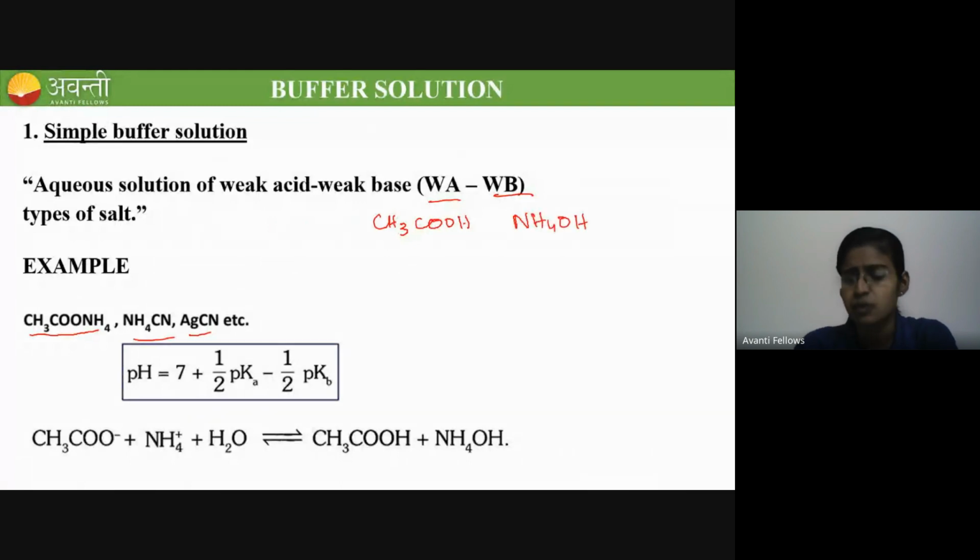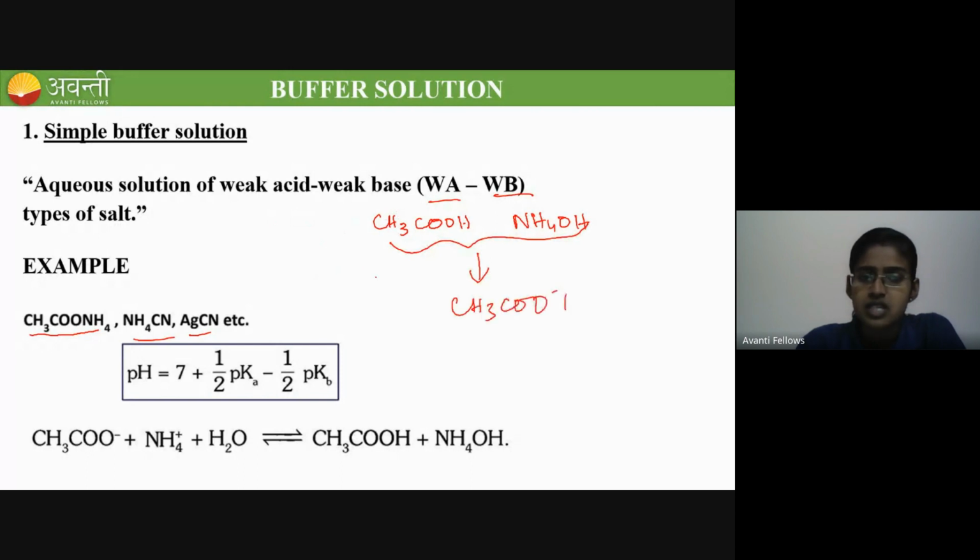Ammonium hydroxide is a weak base and acetic acid is a weak acid. Okay, and if I react these two, I will get CH3COO minus and NH4 plus, right? I will get ammonium acetate. And this is a salt. I'm getting this salt, and this salt is a combination of a weak acid and a weak base. Okay. So these are the examples.